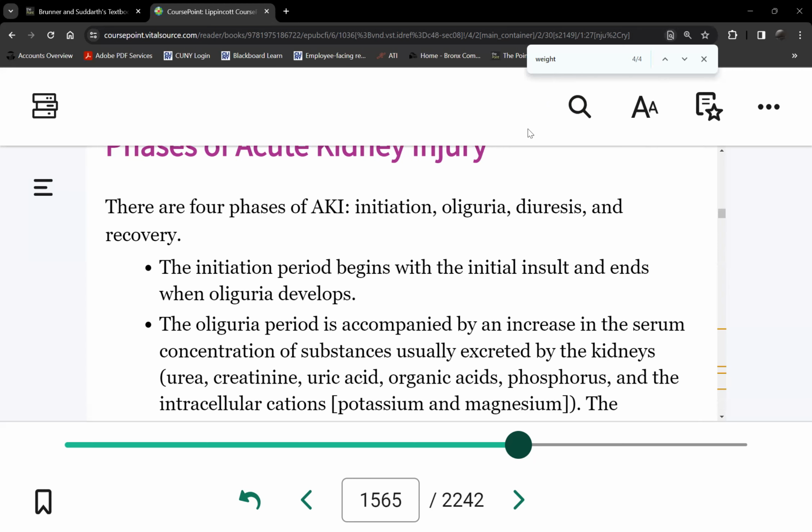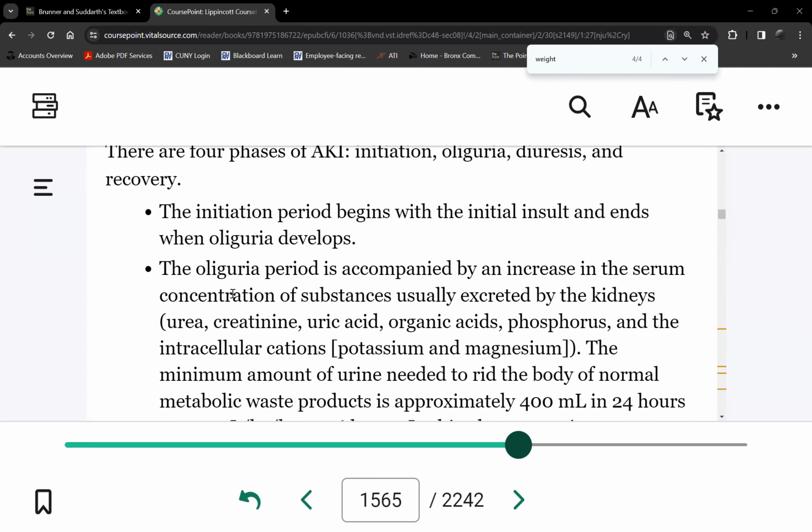So let's start with the oliguric phase, and then the diuretic phase, and then the recovery phase. Recovery phase is so long, so we won't discuss that today. We will only focus on the oliguric and the diuretic phase because these are the 2 most crucial.